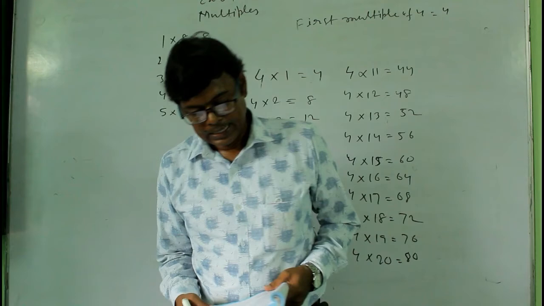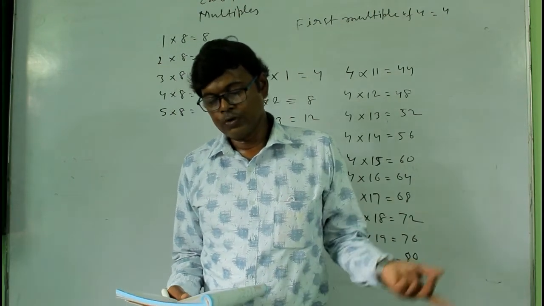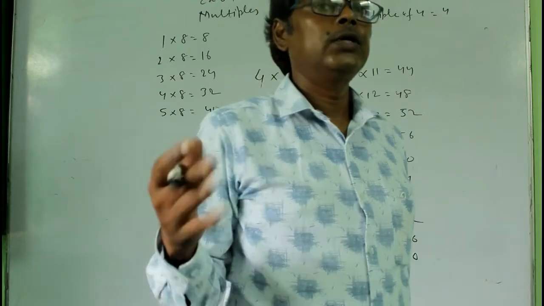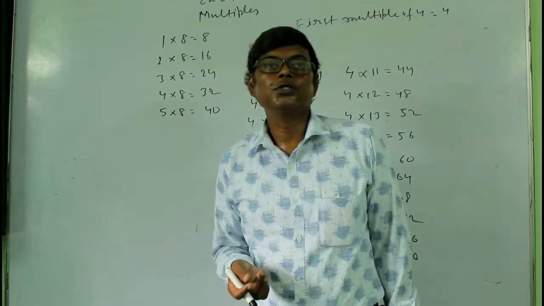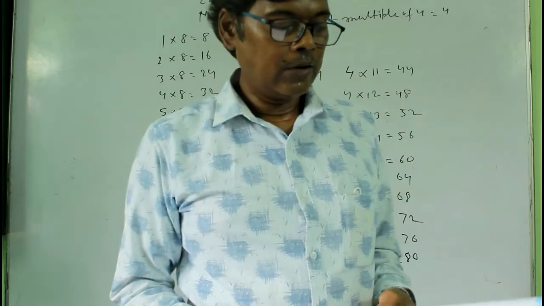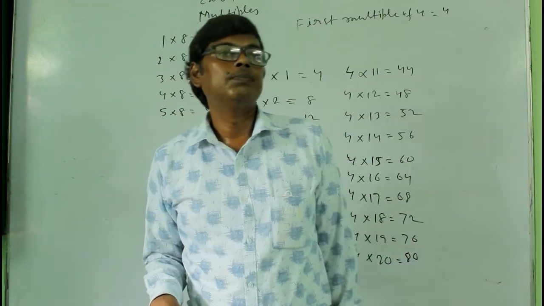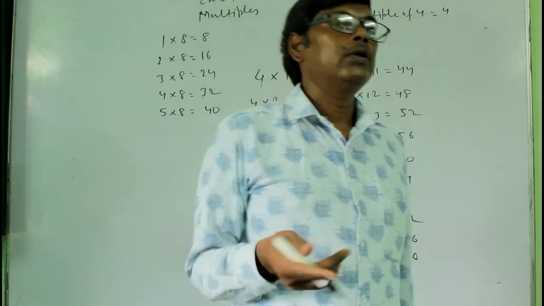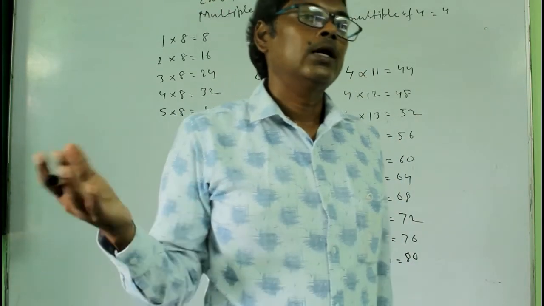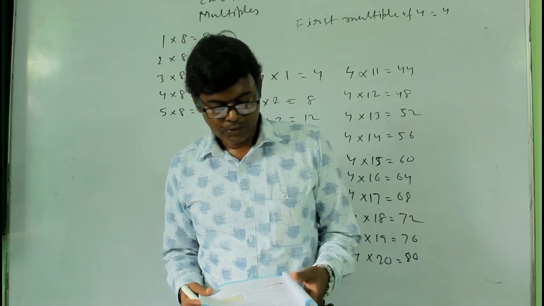The property number 2 is that multiples of a number have no last multiple. I told you before also that we have an infinite number of multiples of a given number. And every number is a multiple of 1, because 1 into 2, 1 into 4, etc. So these are the properties of multiples.